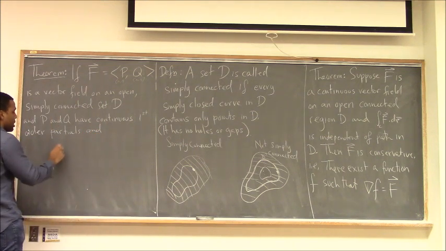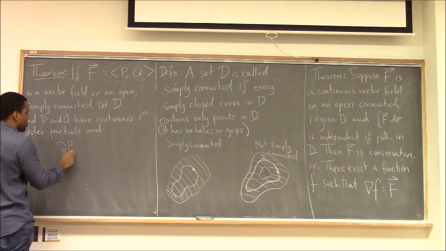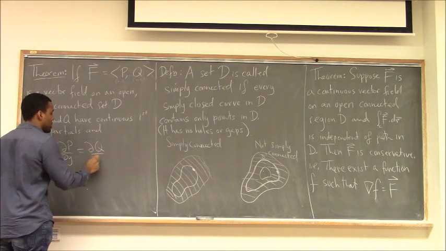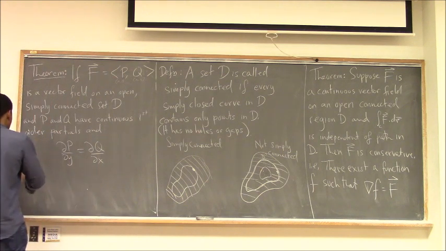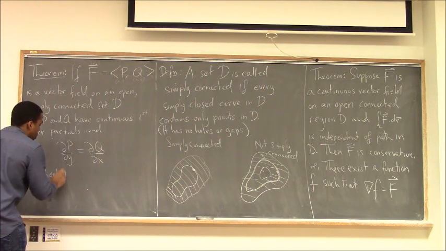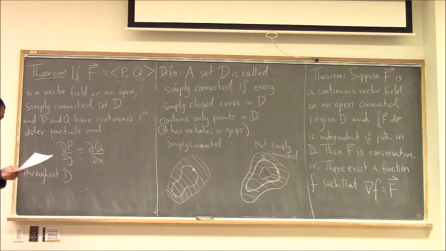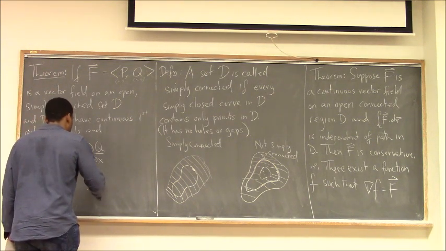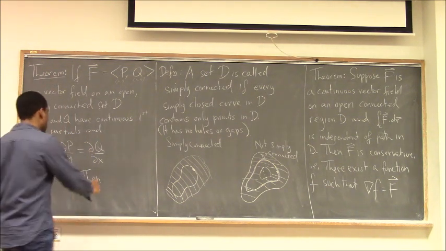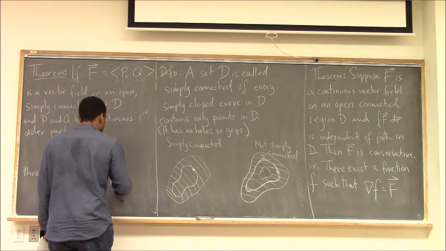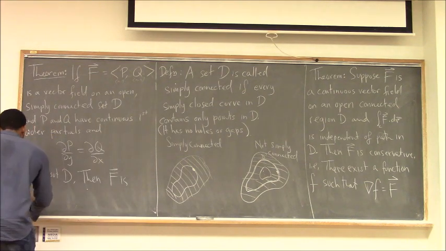And it is the case that if I take the partial of P with respect to y, that is equal to the partial of Q with respect to x throughout D. That's going to be a very important equation, remember that. That'll be important for us in Green's theorem and some other theorems. Then, F is conservative.